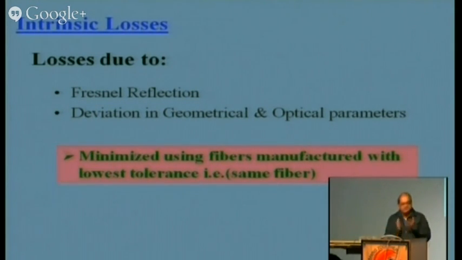Because they know the problem, they have the solution. First we should know the problem, then solutions are always there. Many companies and technical designers will take care that the same fiber is available in future for joints.